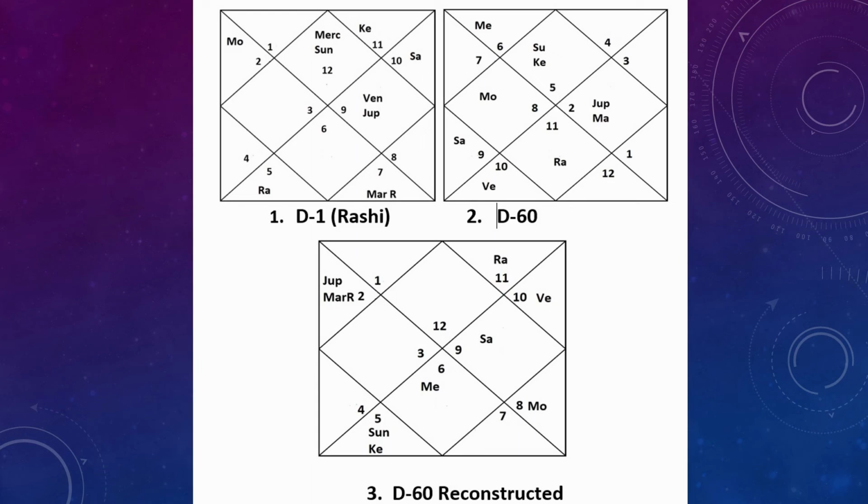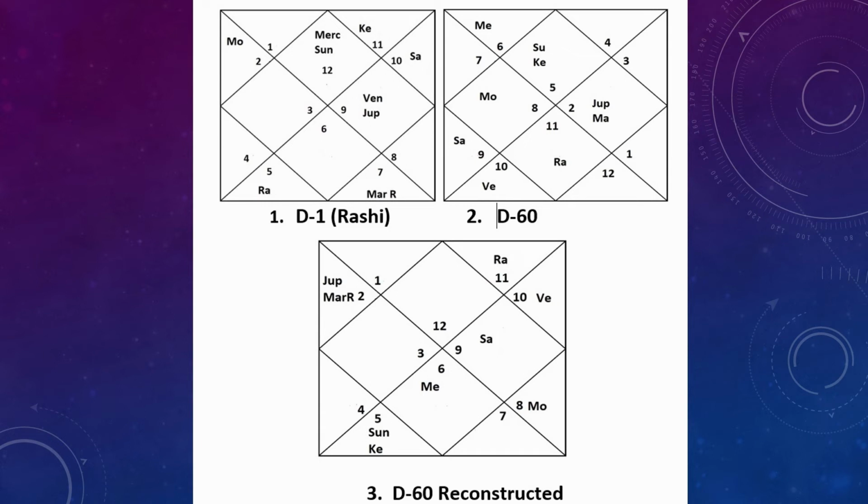So let's begin. Okay guys, I have reconstructed the Shastiamsha chart over here. Chart number 3 over here is the reconstructed one, and all you need to do is consult and see your Lagna chart, that is your Rashi chart, as well as the original D60 chart.